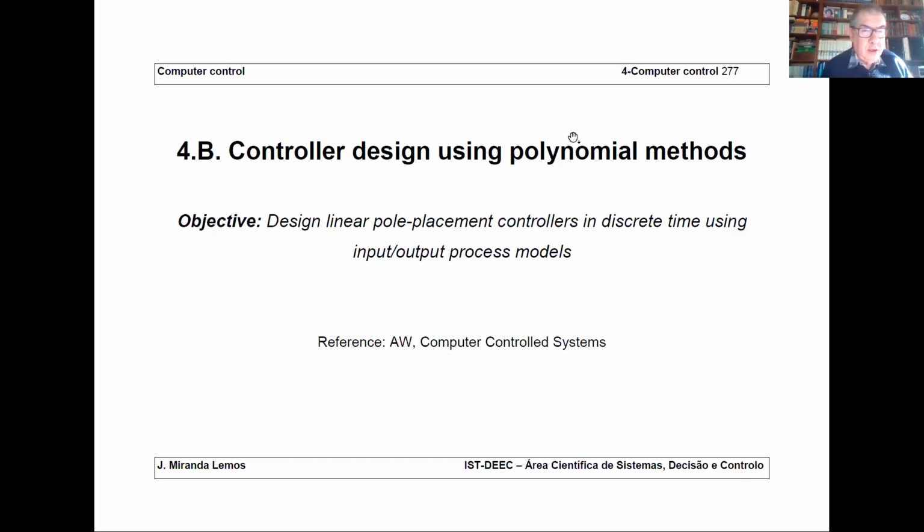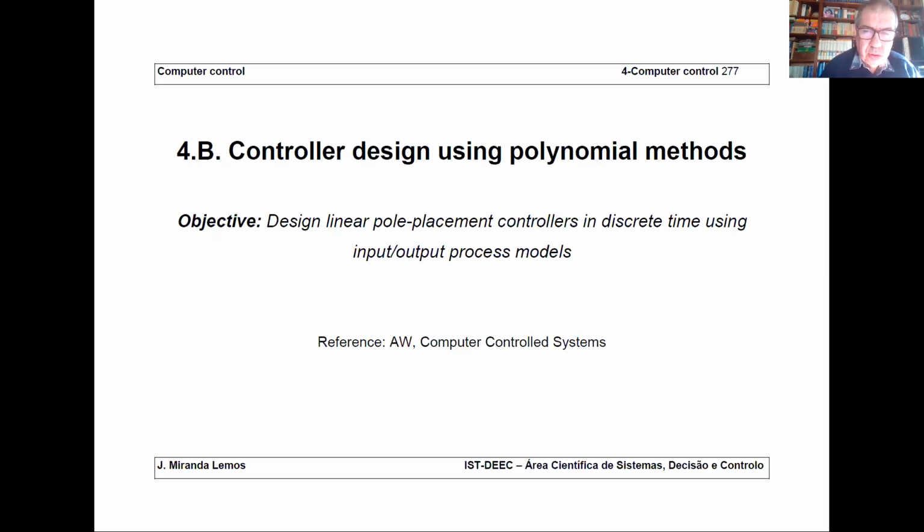Good morning. So we are going to start this lecture on control design using polynomial methods. In the previous lectures, we considered how to make a feedback of the state, and the specifications were made in the form of specifying the closed loop poles.